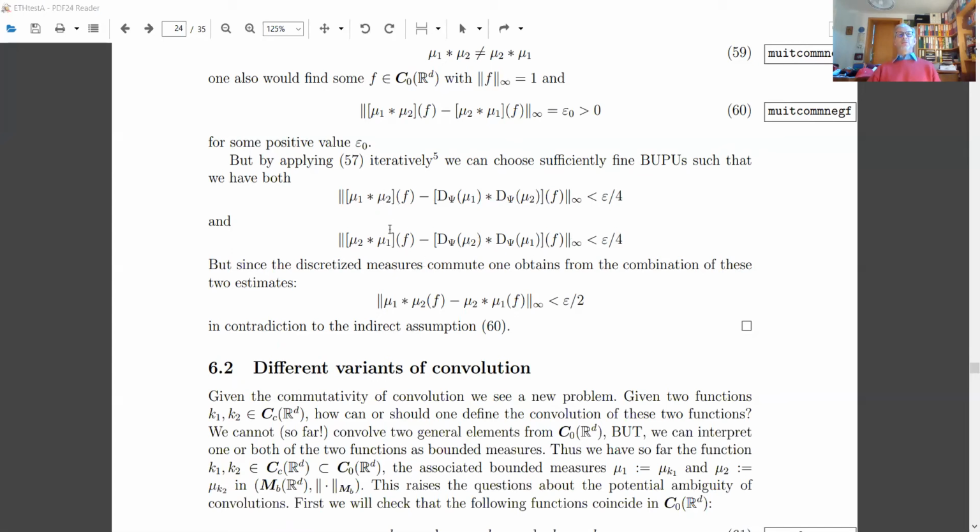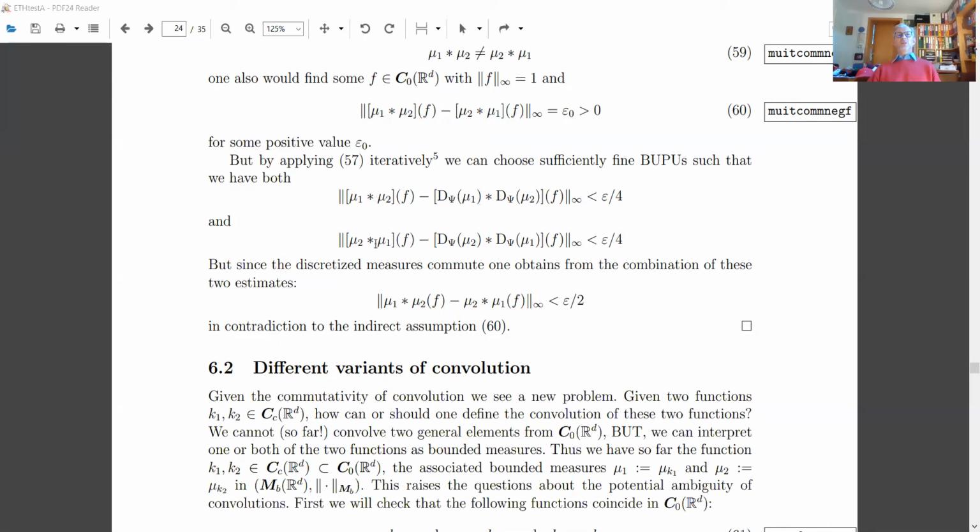Now, if you put these things together, then you get the absolute value of these, because here we can change the order. So remember, D psi mu1 and D psi mu2 are discrete measures, so these things are equal.